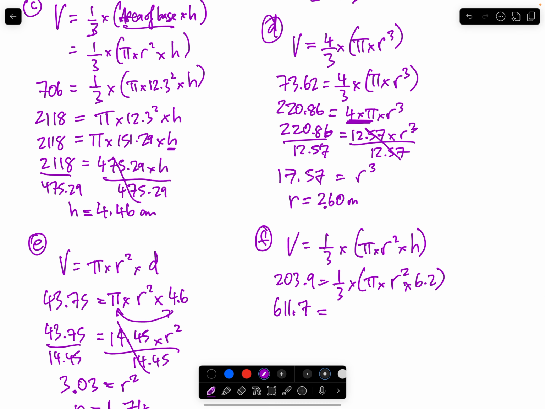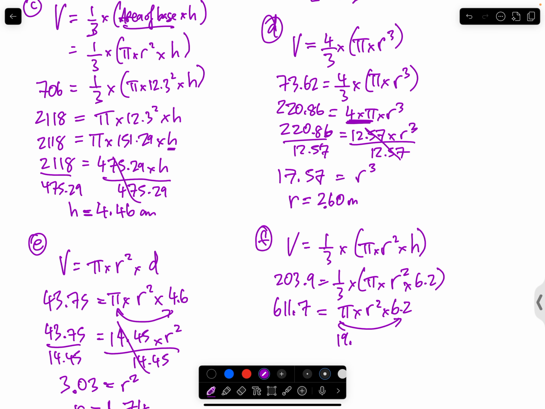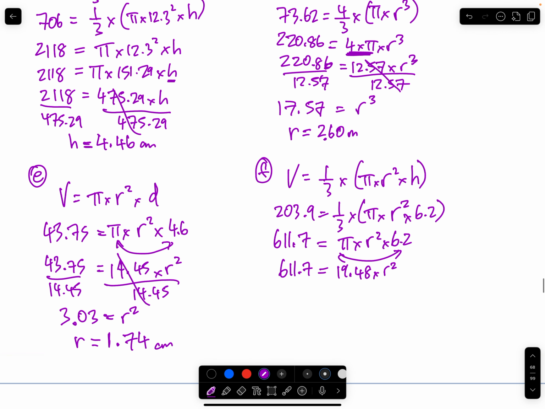611.7 equals, the third is gone. So now it's pi times by radius squared times 6.2. The order of multiplication doesn't matter. I can work out what pi times 6.2 is. 19.48. 19.48 times by r squared equals 611.7. Opposite of timesing by 19.48 is divide by 19.48 on both sides.